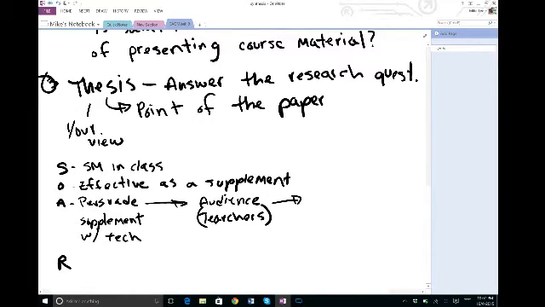Really what that becomes is I'm synthesizing. So you should probably come up with a different word for that. So let's say that I am providing evidence.